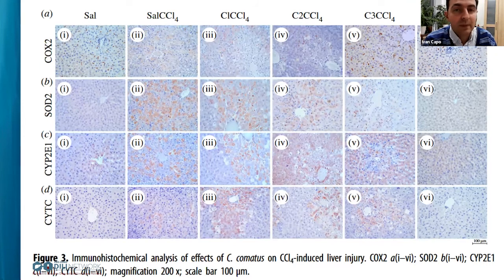Also, these immunohistochemical markers can be quantified using this software, where we can find how many cells are superoxide dismutase positive or COX-2 positive, and all this quantification gives us more information which we can correlate with biochemical findings.